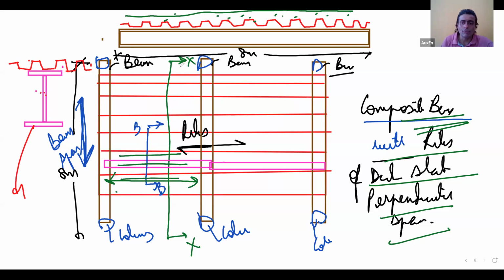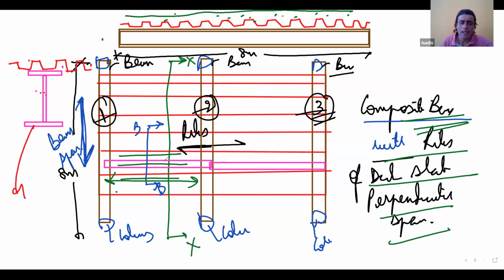So if we were to put some names to these beams, beam number 1, 2, and 3, let's say, are beams where the ribs of the deck slab are perpendicular to the beam span. Just say yes or no if you agree. Beams 1, 2, 3 are the beams where the ribs of the deck are perpendicular to the span of the beam.